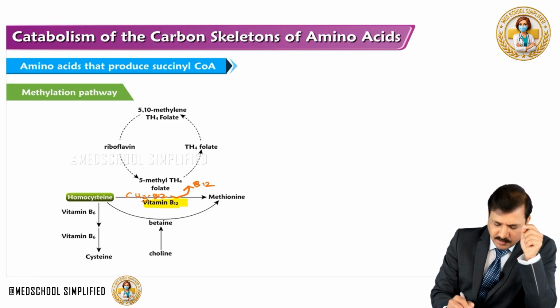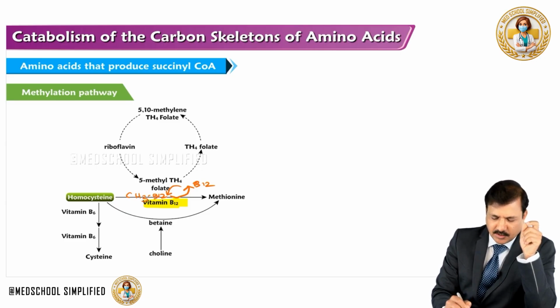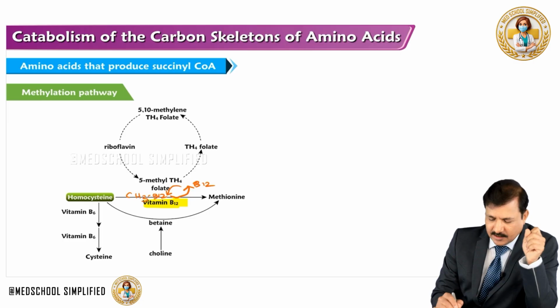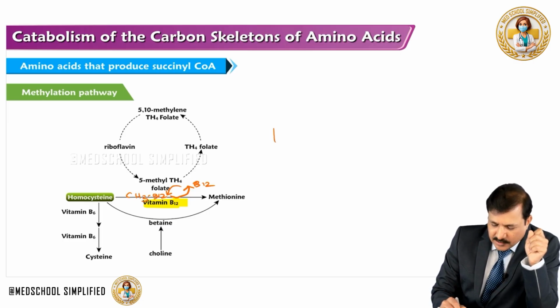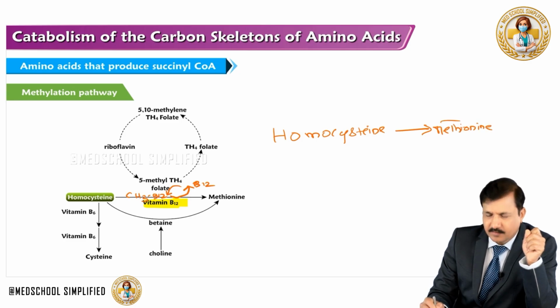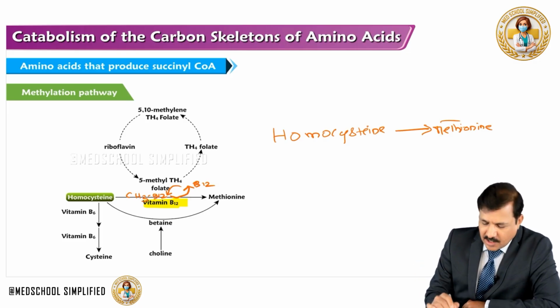And this cobalamin will be converted back into methylcobalamin, regenerated by using a methyl group that is coming from N5-methyl tetrahydrofolate. Let me write it on the side here so that you understand it properly. Homocysteine is converted into methionine. That's the methylation pathway. Methyl group is given. How?